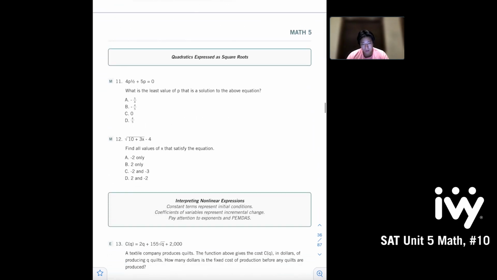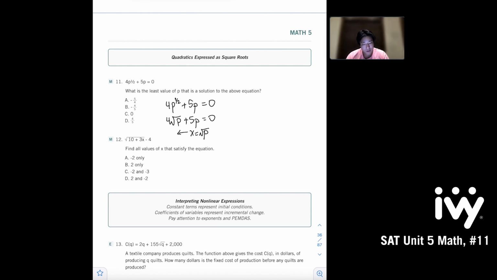Okay, quadratics expressed as square roots. So, question 11, what is the least value of p that is a solution to the equation above? So here we have 4p to the 1/2 power plus 5p equals 0. What is this also? 4 square root p plus 5p equals 0. So similar to a trick that we used above, let's write this as x is equal to square root p.